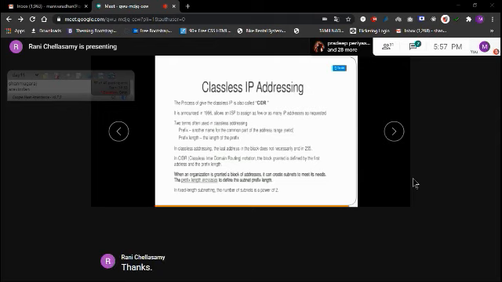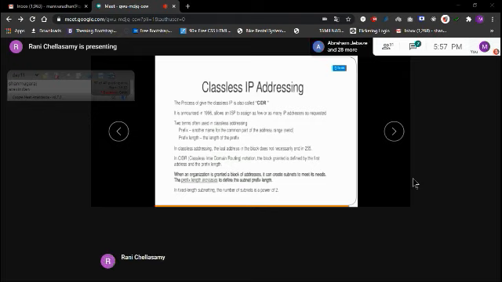In fixed length subnetting, the number of subnets is a power of 2. Here we can view the subnet mask table. Slash 1 represents the mask address 128.0.0.0, up to slash 8, which is 255.0.0.0, representing the class A address.